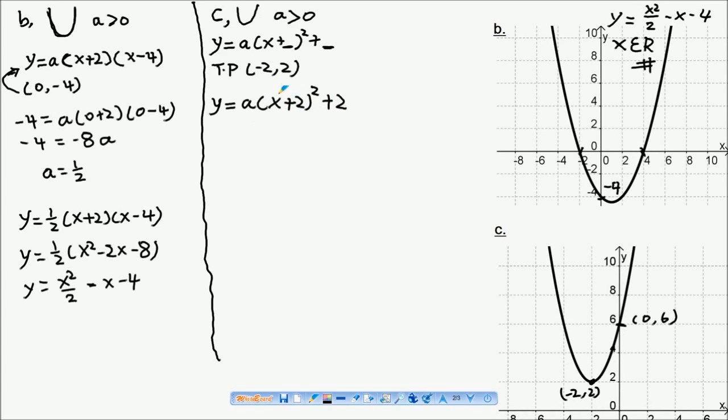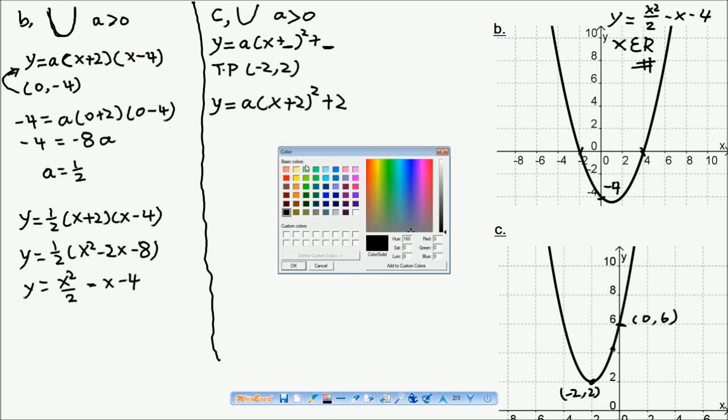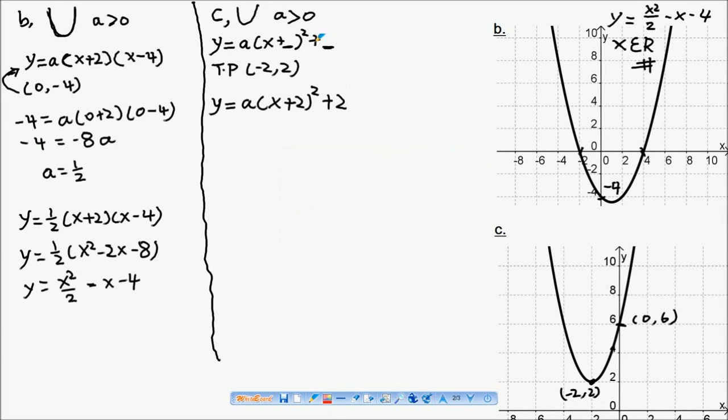I'll show you. These two come from the y coordinate of the turning point. These two here come from here, because when we try to find the turning point, the x coordinate of the turning point should be whatever in the bracket equal to 0, and x equals minus 2.